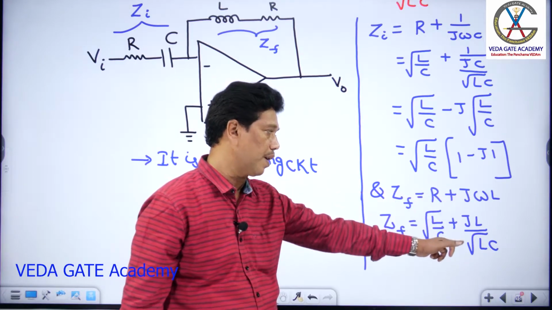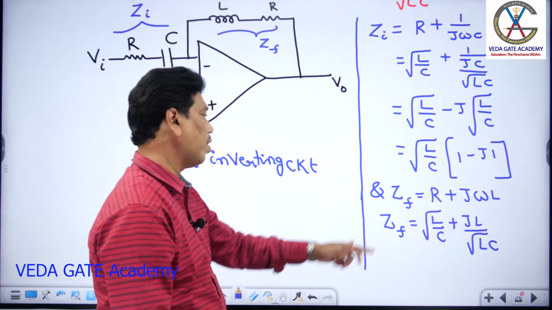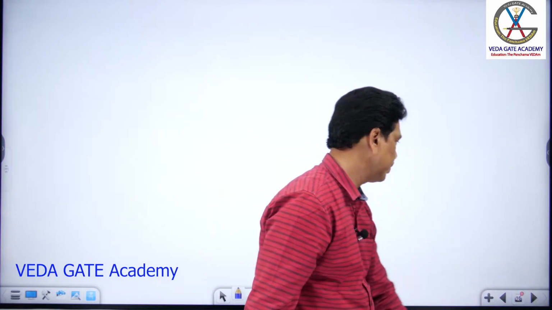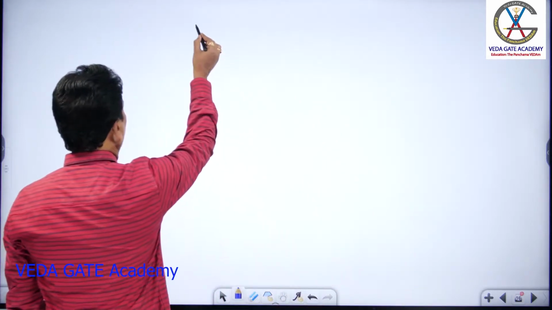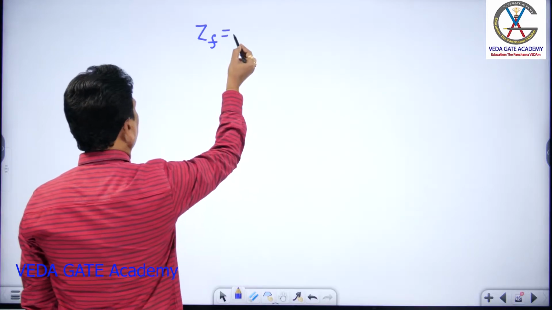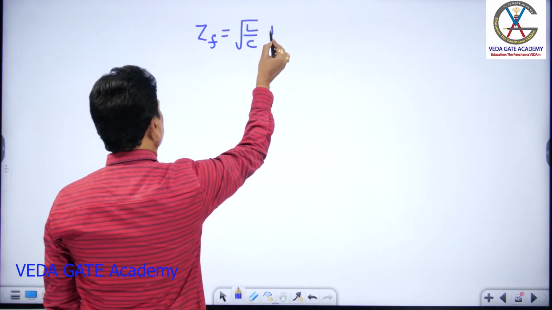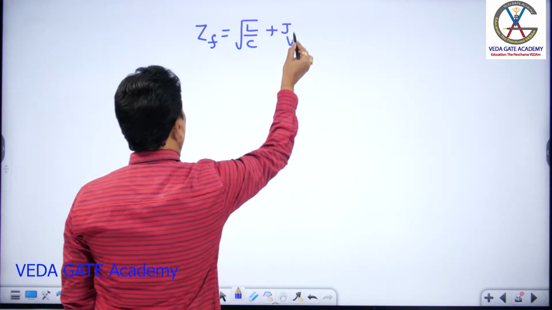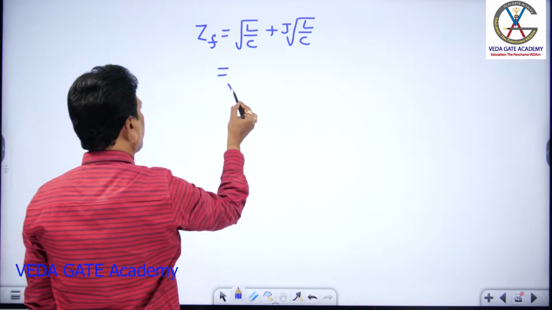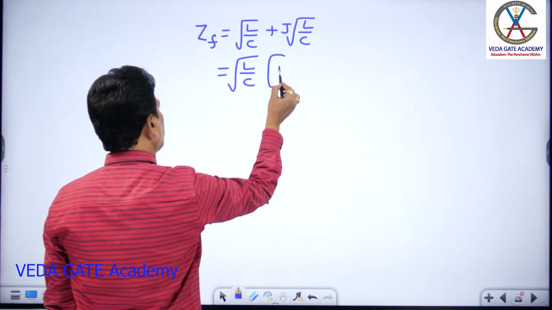So ZF equals root of L by C plus jL times omega, and omega is substituted as 1 by root LC, that becomes jL by root LC. Now if I simplify that, you get root L by C plus j root L by C. Take root L by C common from both, you get 1 plus j1.